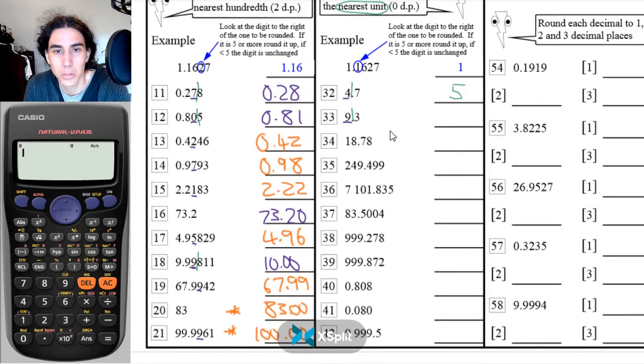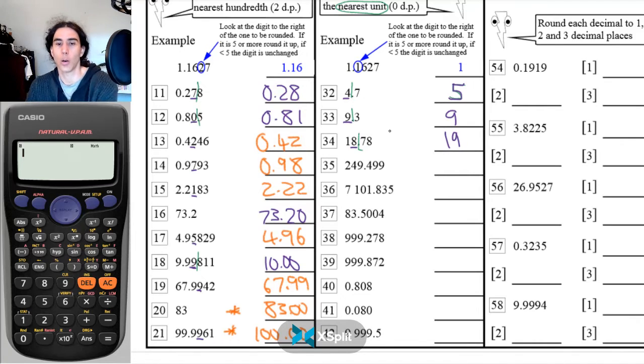So that's one here. So standard colors. 9.3 stays as 9. 18.78. Do we leave it as 18 or do we go up to 19? We go up to 19. So have a go at those ones.